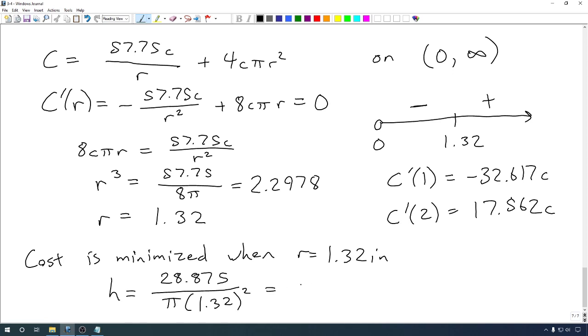It comes out to be approximately 5.275. And that's again inches. So we have a height of 5 and some inches and a radius of the top and bottom of 1.32 inches. And that will give us a minimum cost in constructing that particular container.